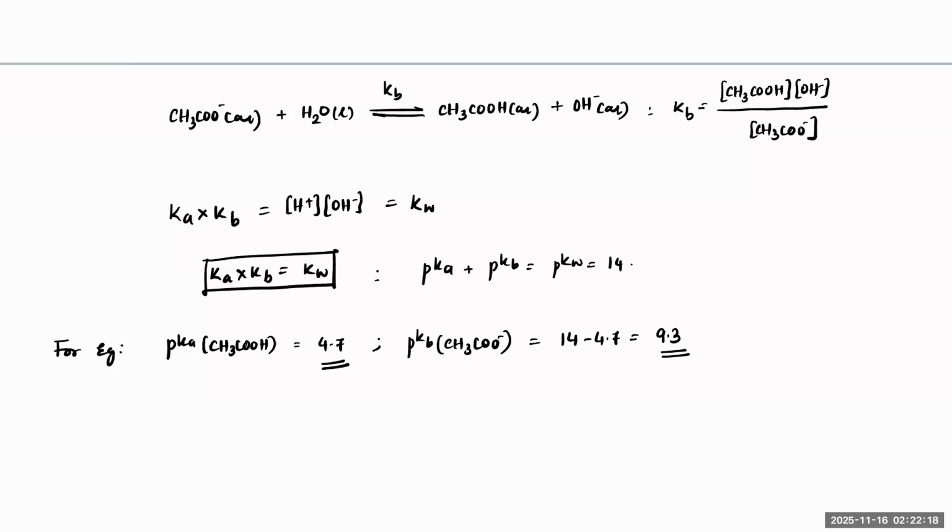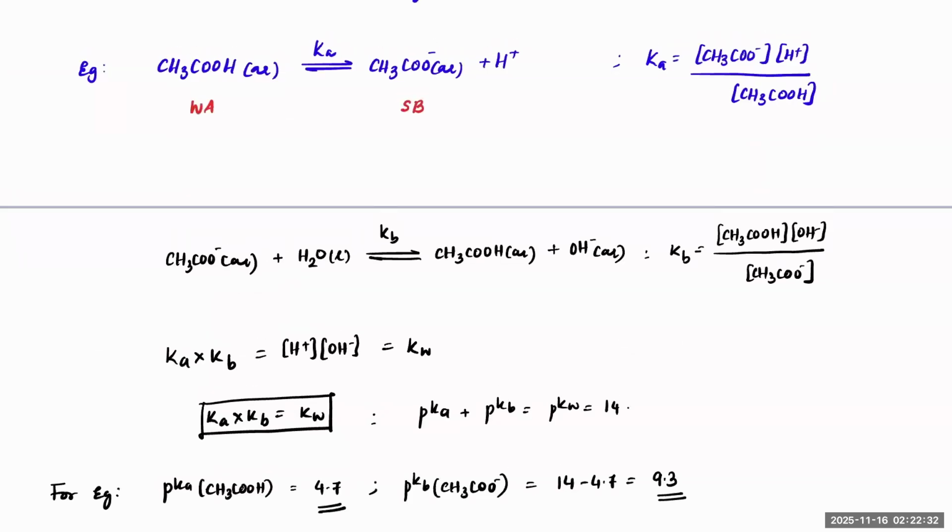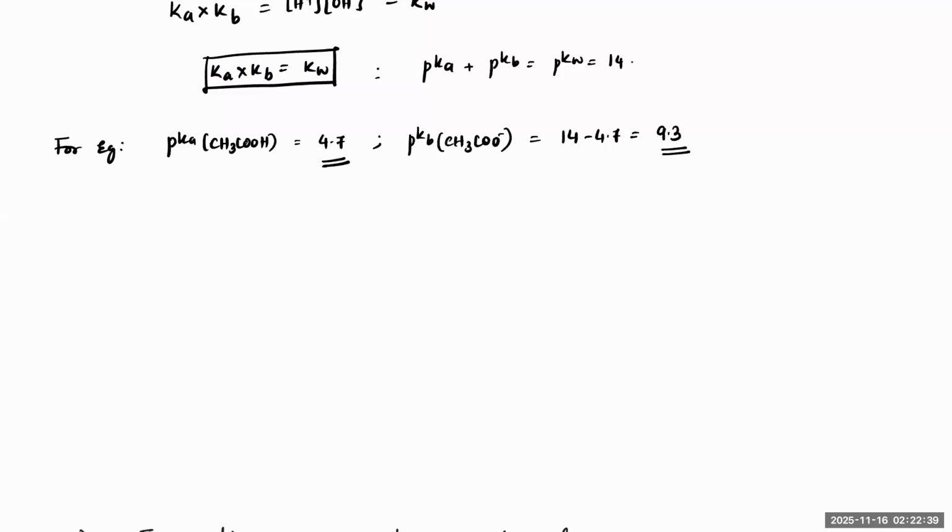So which means if you know the pKa value of a certain acid, automatically you know what will be the pKb value of the conjugate base. Clear on that, everybody? So this is how pKa and pKb can be related. Similarly, let me give more examples. These are more relatable examples because we'll come across them a lot of times.